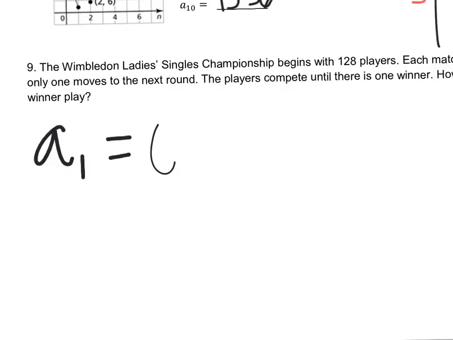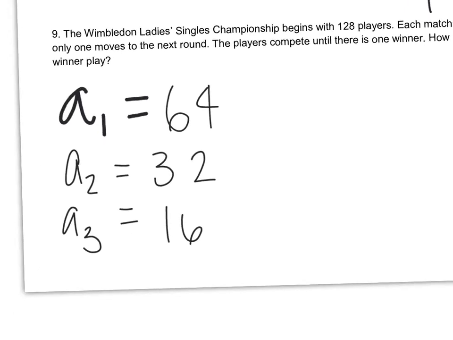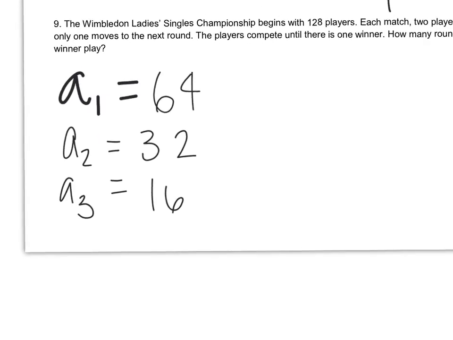Why would there be 64 matches in the first round? Yes. So then in the second round, how many matches would be played? Okay. And in the third round, how many matches would be played? Okay, what's my common ratio in this problem? 1/2.